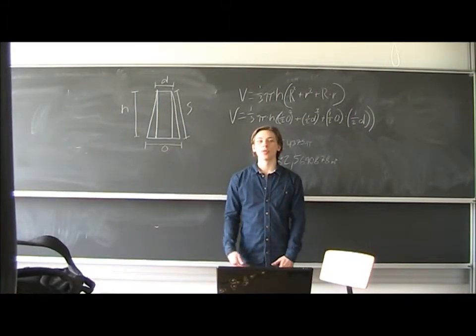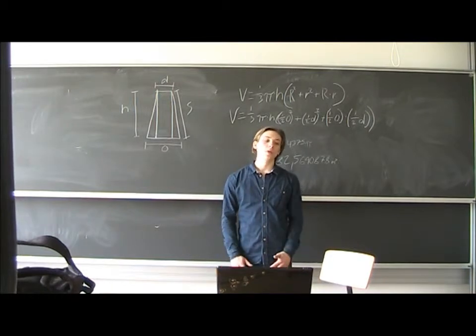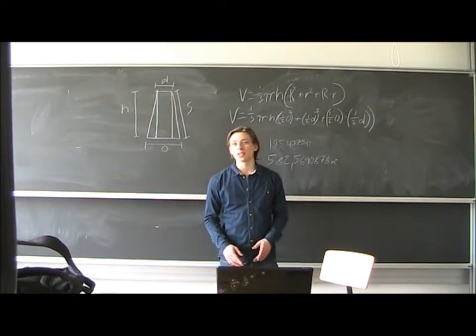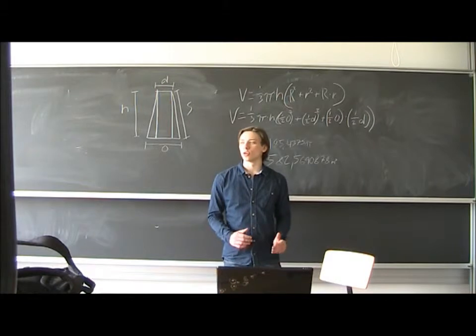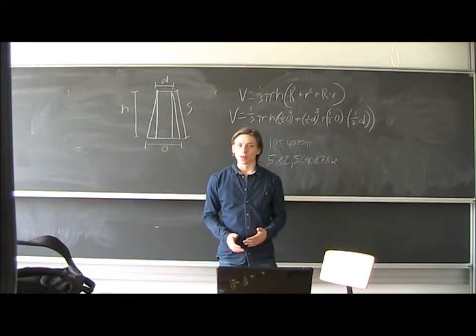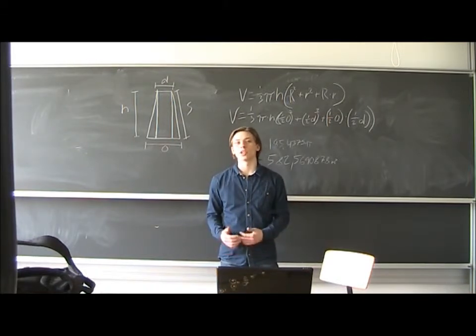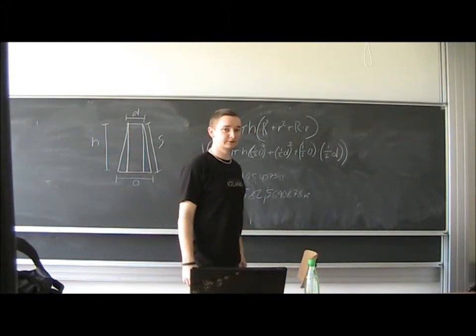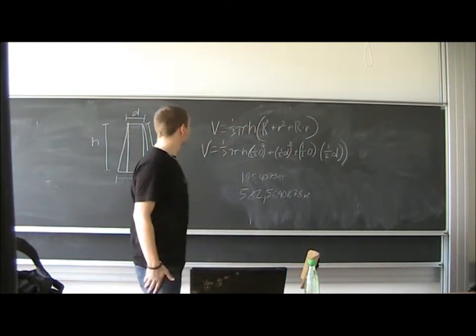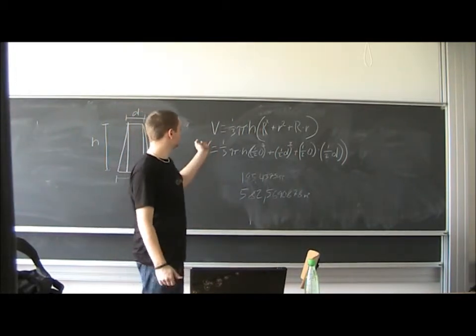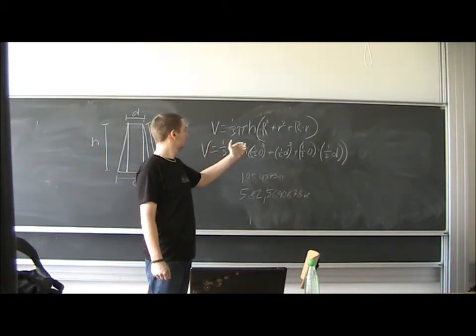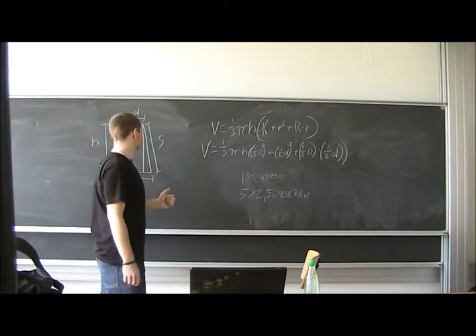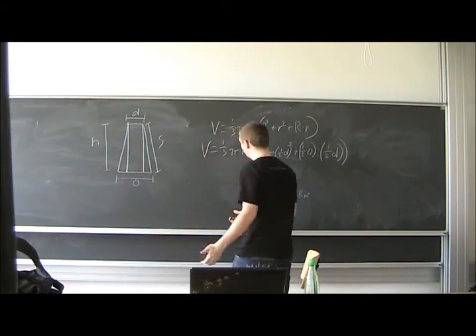Introduction to volume of the tower. The reason why we want to know the volume of the tower is because we want to know how much material we're going to use in the whole structure, and also how much space it's going to take. Then we have to calculate the volume of the truncated cone. We use the standard volume formula for a truncated cone and put in our measurements, just like before.